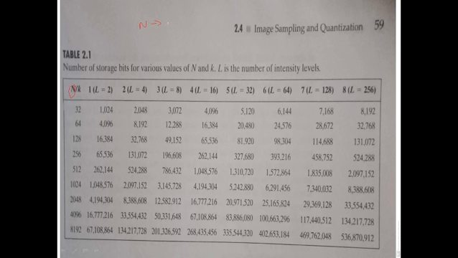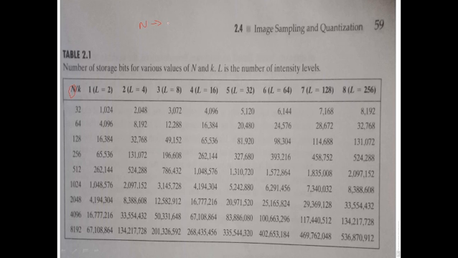To represent each element, if they are using only one bit, it is 1024 bits. If they are using 2 bits to represent every element, it would be 1024 into 2, which is 2048. Into 3 gives this value.